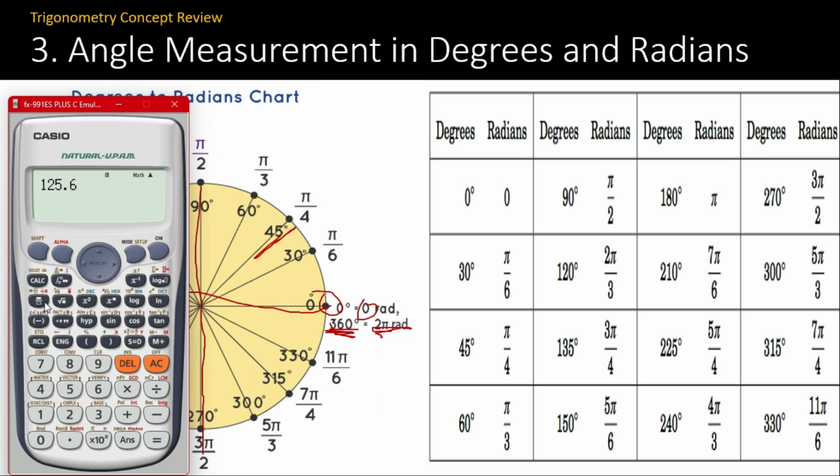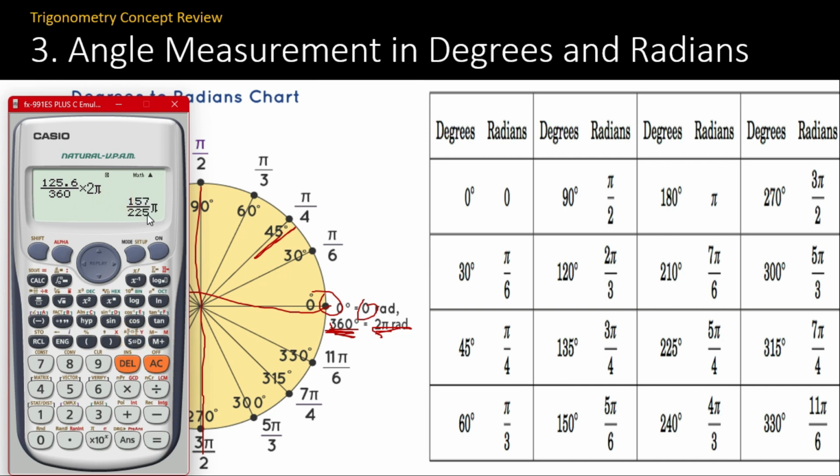So just take this degree, divide by 360 and multiply it by 2 pi, and I'm going to get this as a result. Breaking it down, you get 2.1921 pi. So that is in the radians form.